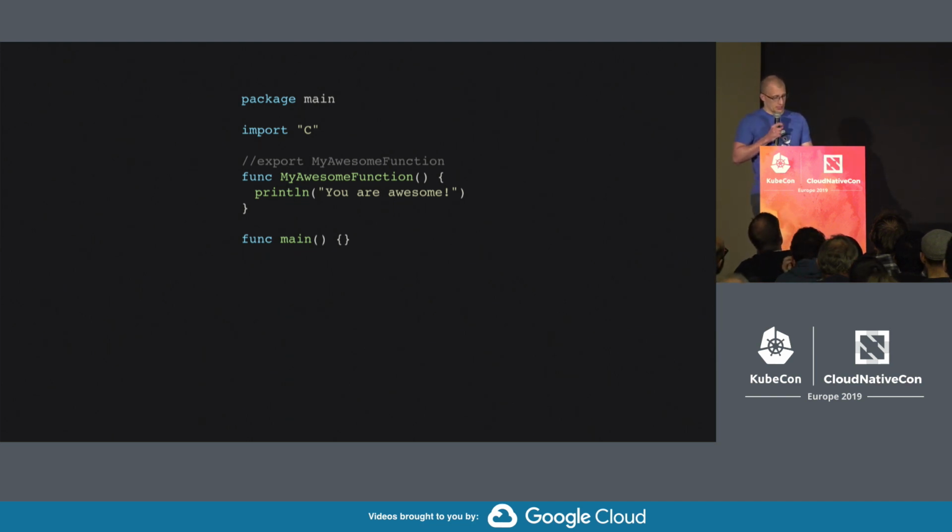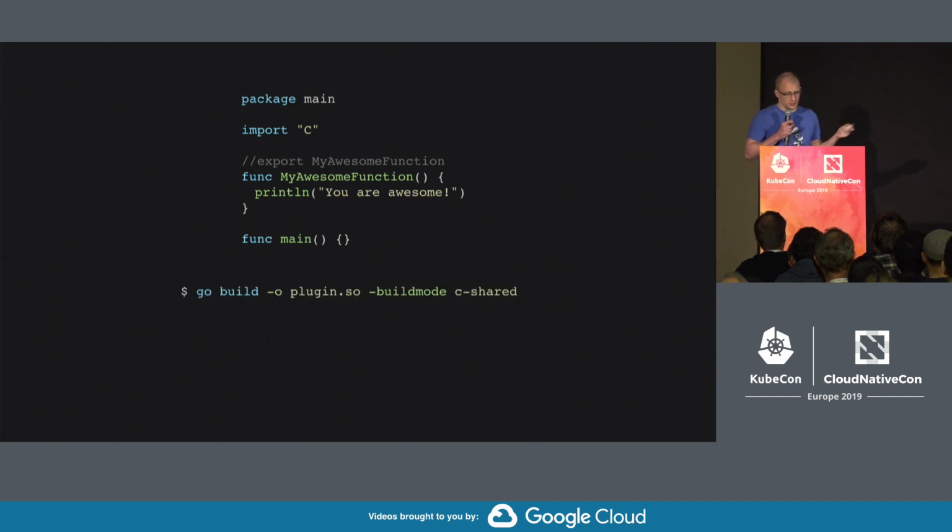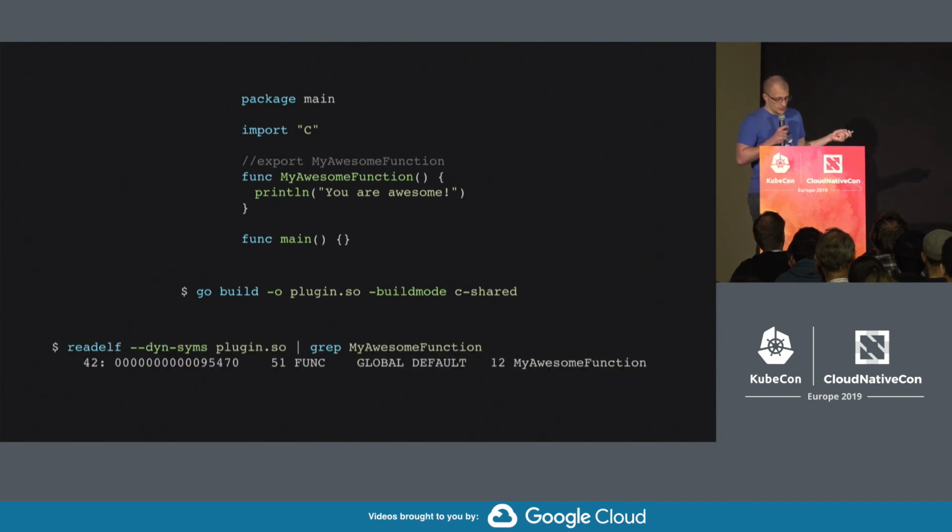Then you have to have a main function at the bottom as boilerplate, because the compiler requires that. You just say go build, output plugin.so, with build mode c-shared, and that will generate a plugin.so.